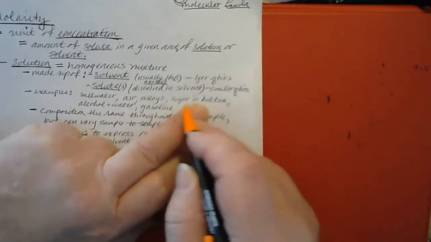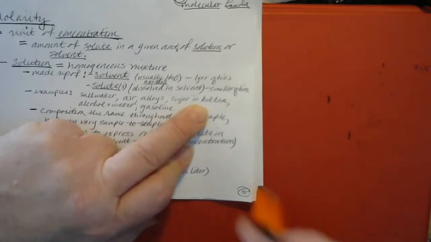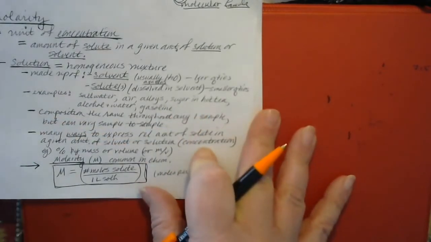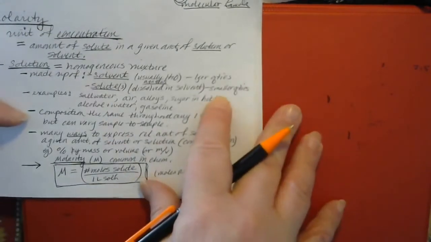Sugar and hot tea would also be a homogeneous mixture, because sugar dissolves very readily in hot water or hot water-based beverages like tea. So the sugar in the hot tea will make the tea just as sweet at the top as it is at the bottom, and that's a homogeneous mixture.